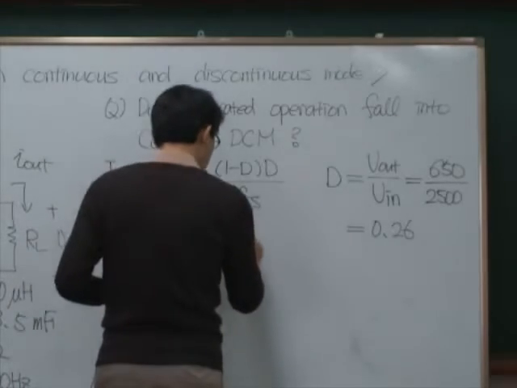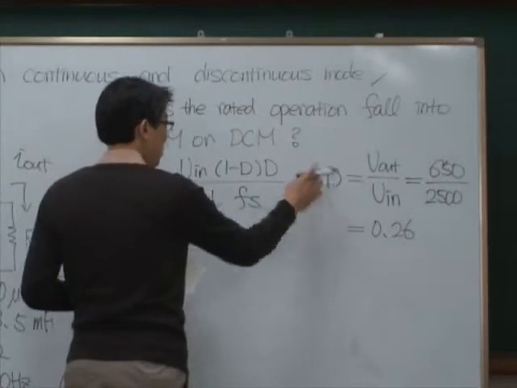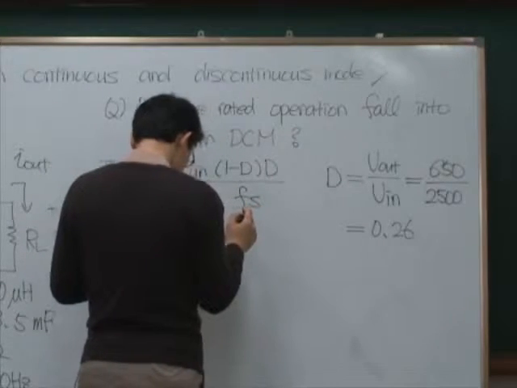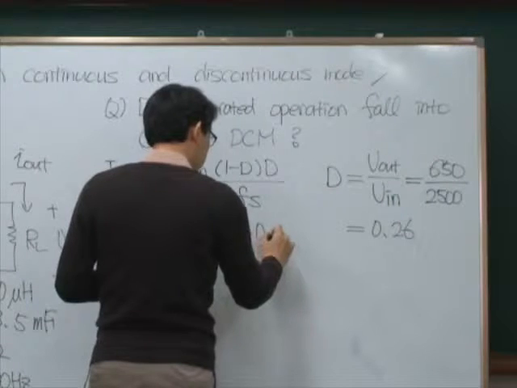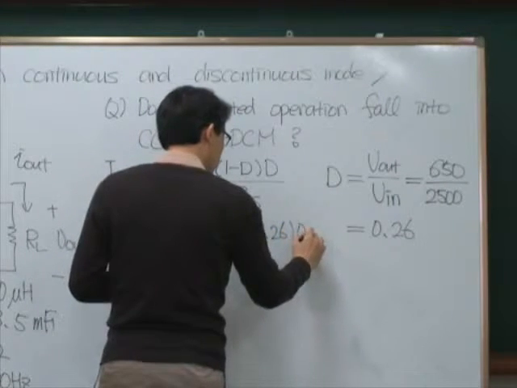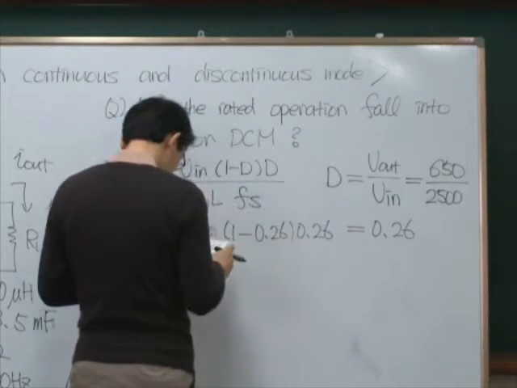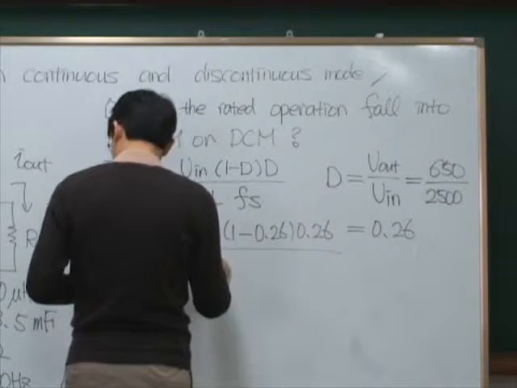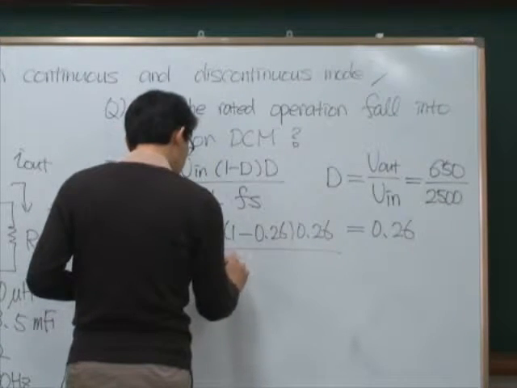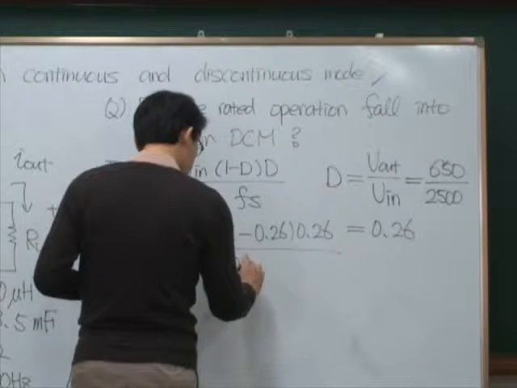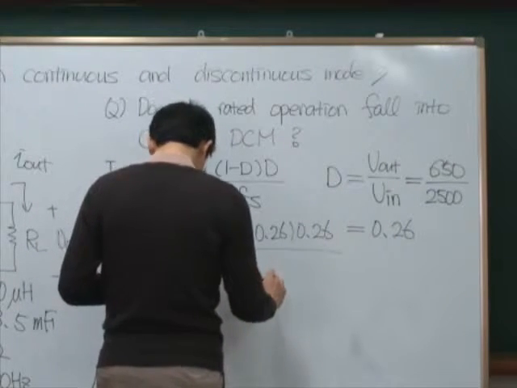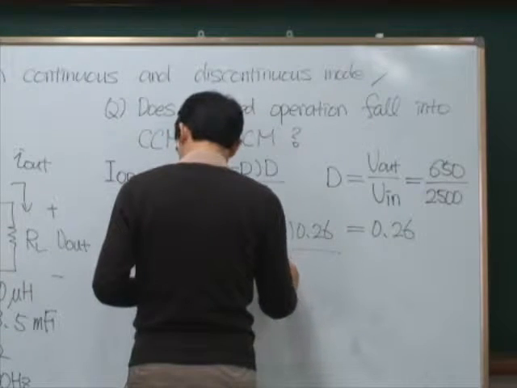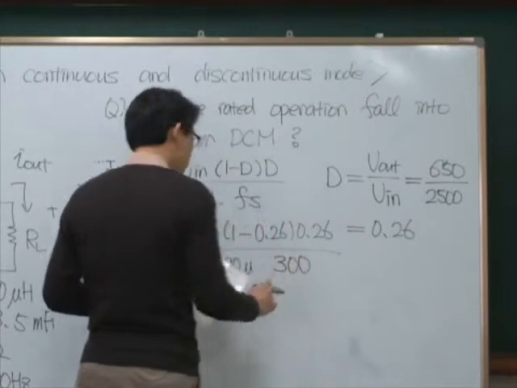So now if I plug in this duty value, 1 minus 0.26, 0.26, divided by 2 times 570 micro times 300. Okay?